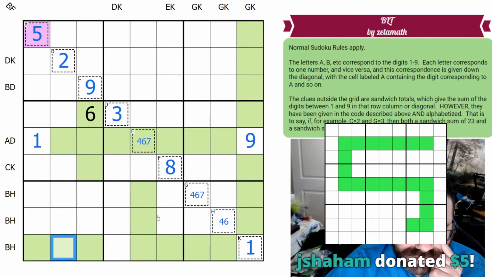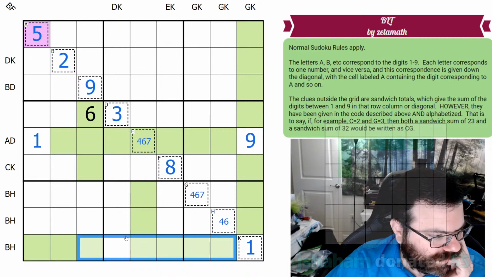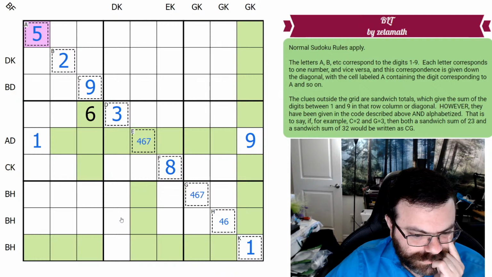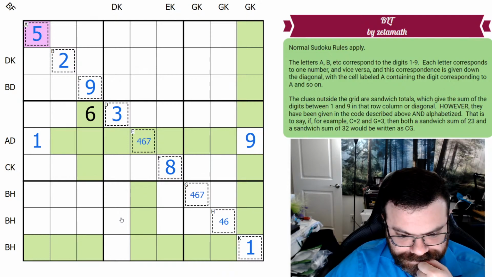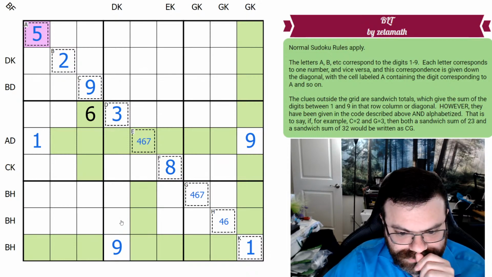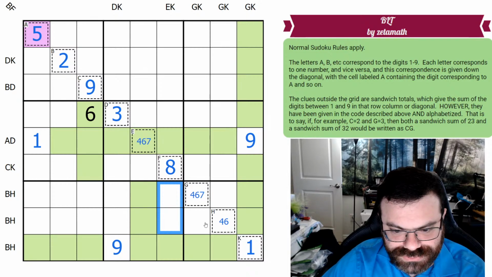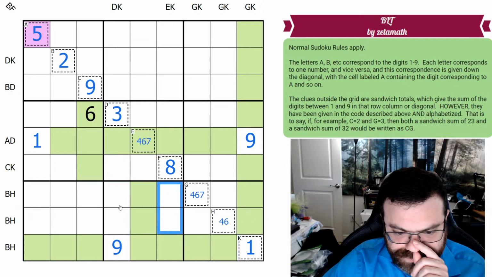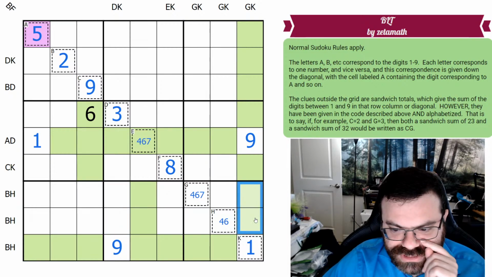So this one can't be. So that gives us this 9. And so there's a 9 in one of these two. Sorry, a 1 in one of these two. It can't be here. Oh wait, I can't say that. Oh no, these can't be 9.